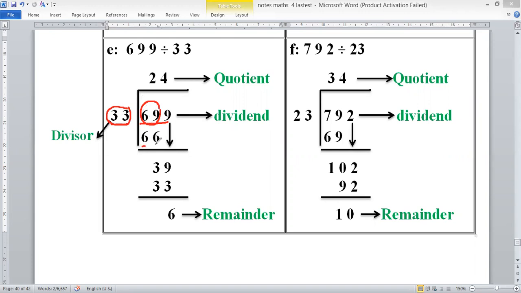We get 66, and 66 is the number that is very close to 69. Therefore, we subtract 66 from 69. 9 minus 6, we get 3, and shift this 9 down, we get 39. So divide 39 by 33.